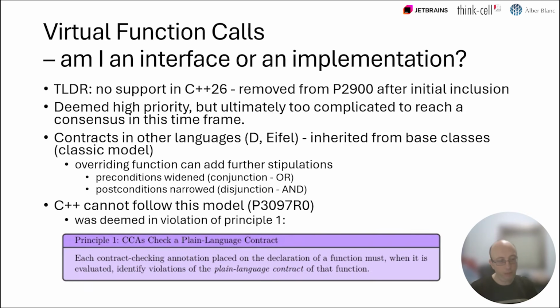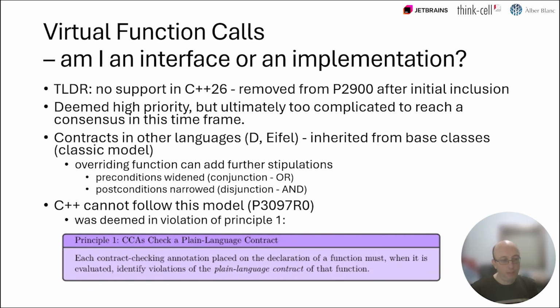When you have a derived class doing something more precise, it basically promises to hold to some additional promise in addition to what the base class contract postcondition would be promising.